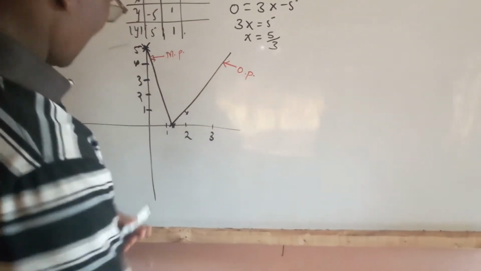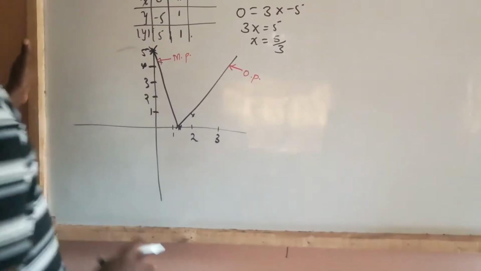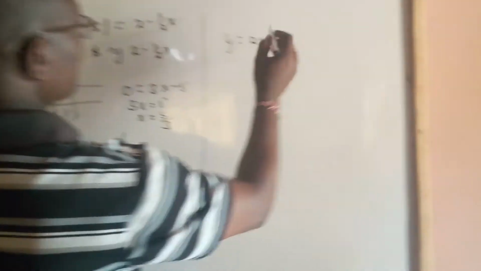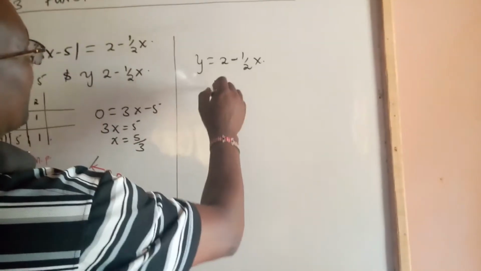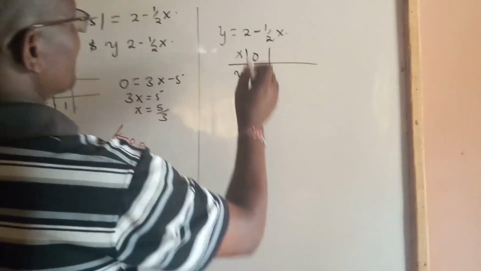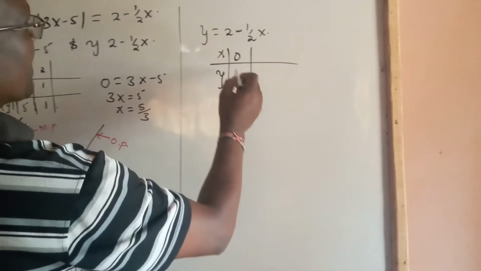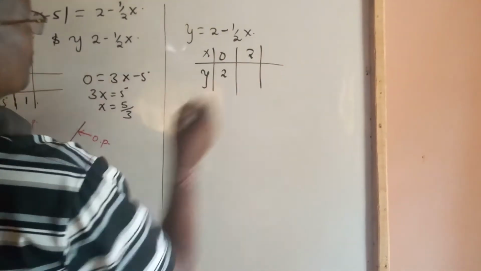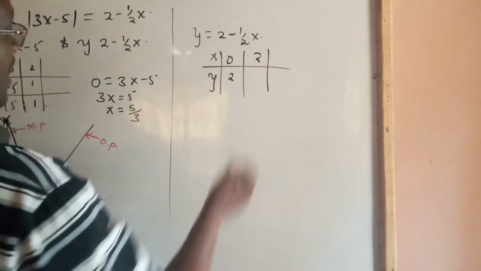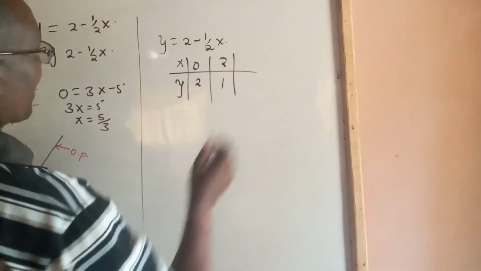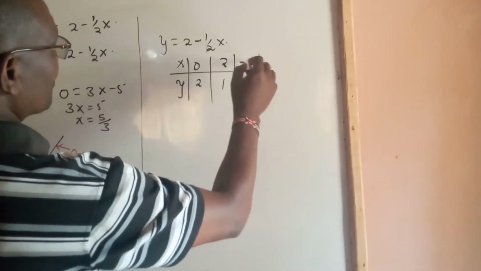Having said that, we also need to sketch the graph of y = 2 - (1/2)x, and since this one is a straight line, we only need 2 points. When x is 0, y is 2 minus 0, which is 2. When x is 2, a half times 2 is 1, and 2 minus 1 is 1. At some point, x can also be a negative value.